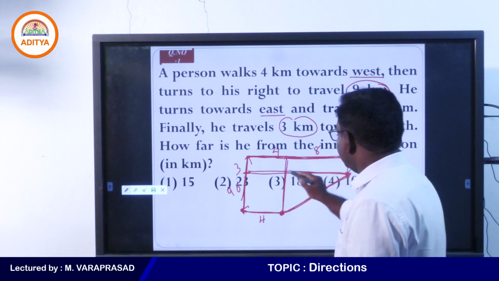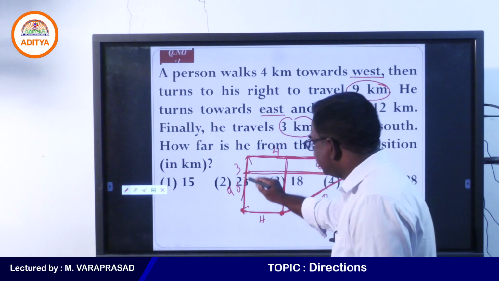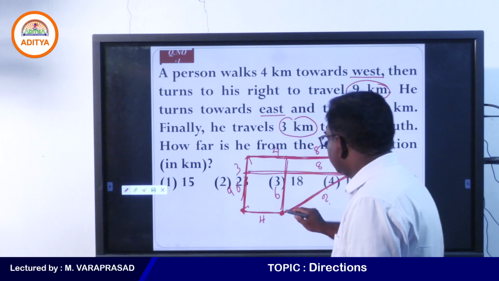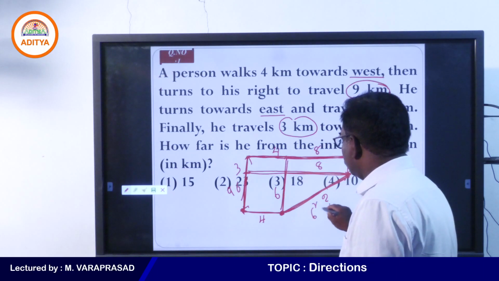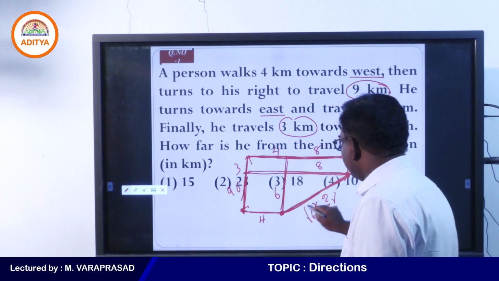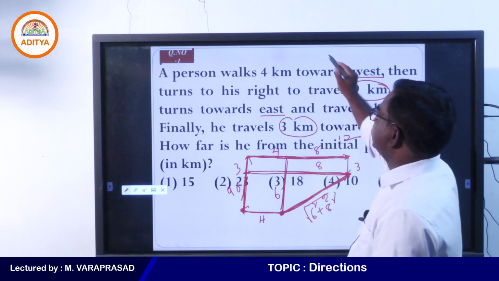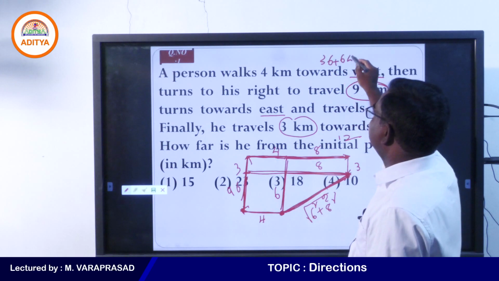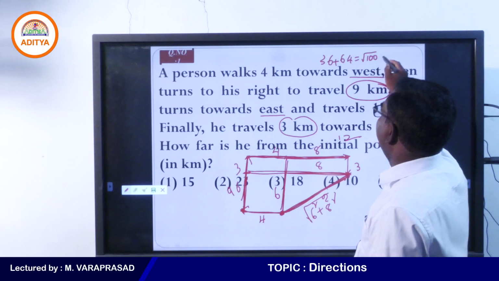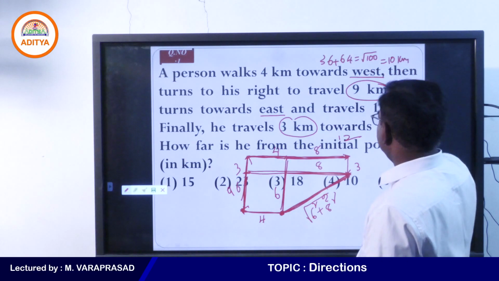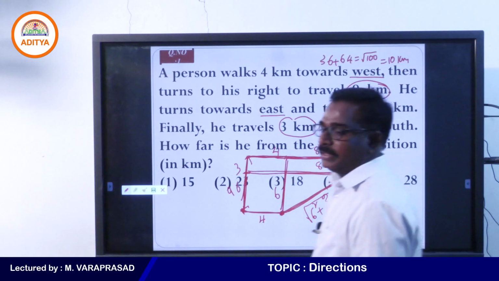This is 8, so this is also 8. This is 6, so this one is also 6. So 6 square plus 8 square, 36 plus 64, that is root 100, which means 10 kilometers. The answer is 10 kilometers.